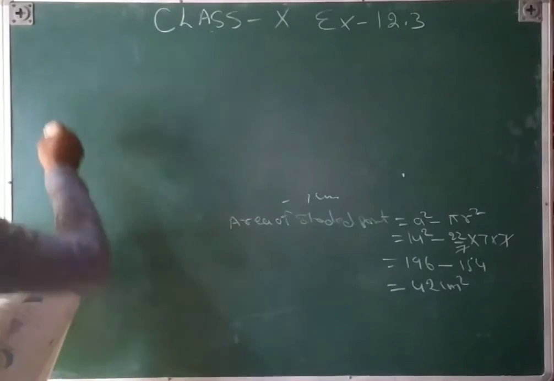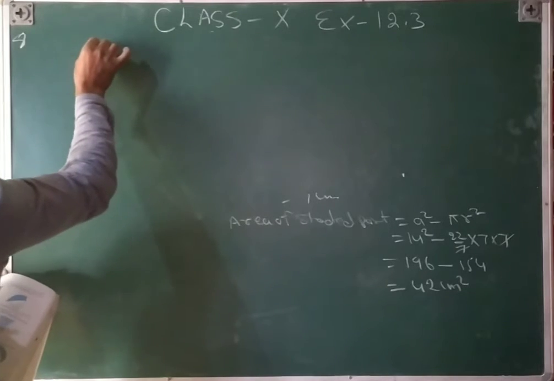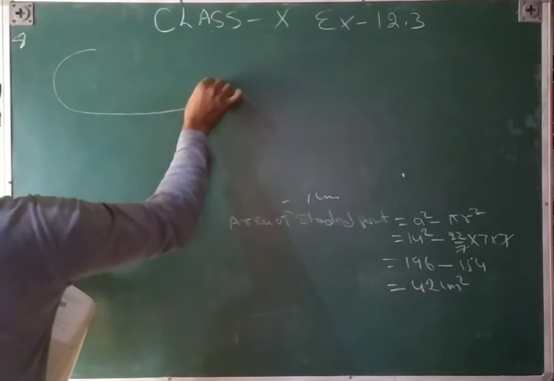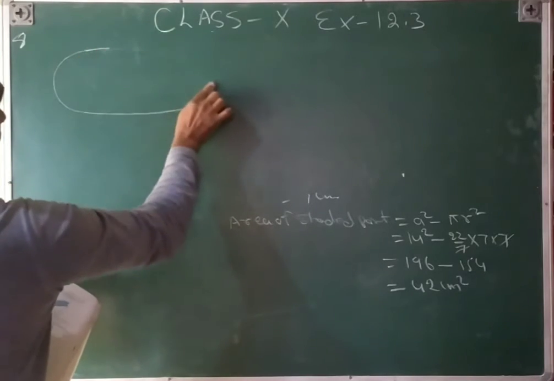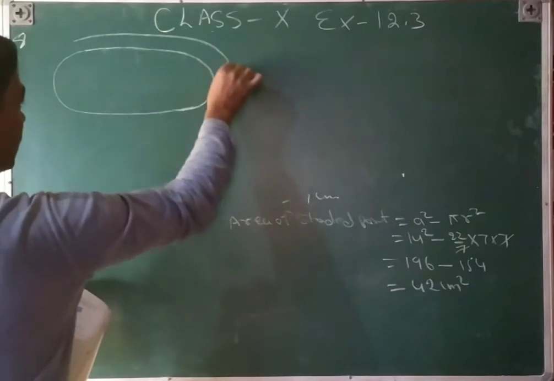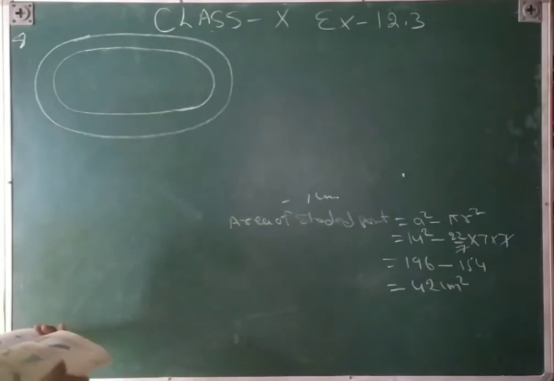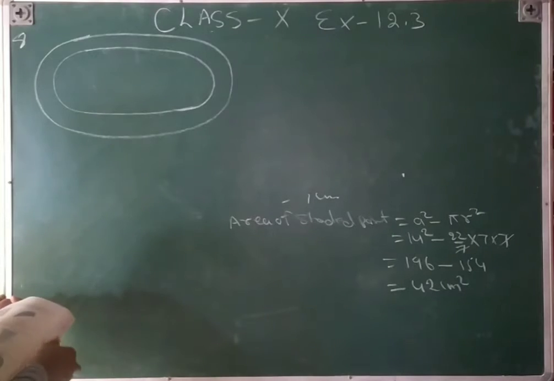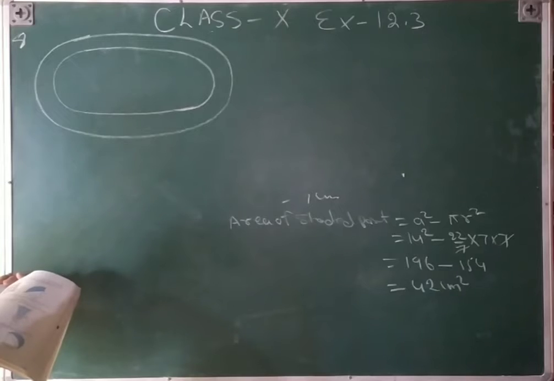Eighth question is a track. I think everybody knows the track. This is a track. Here it is given that the distance between the two inner parallel lines is 60 meter.